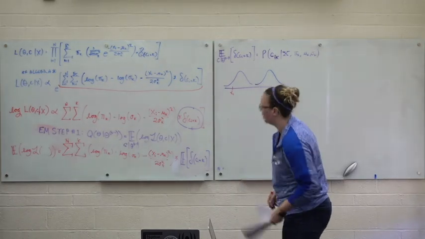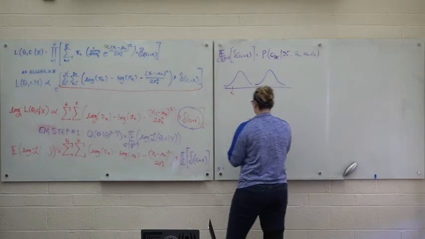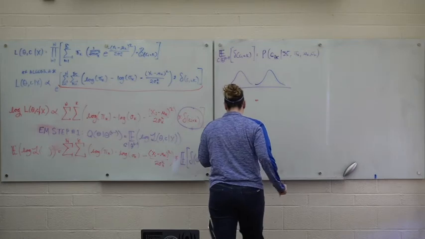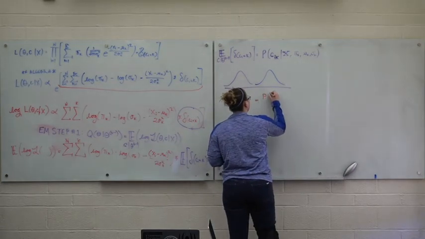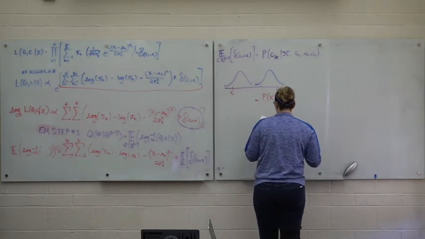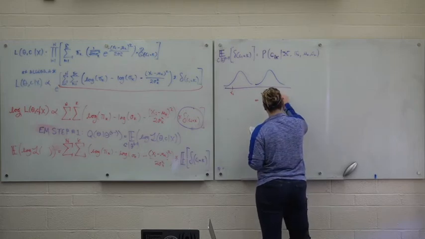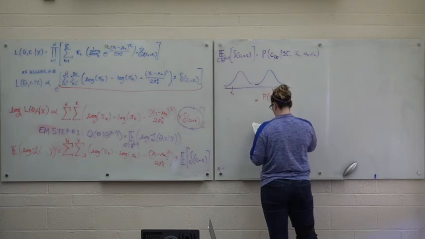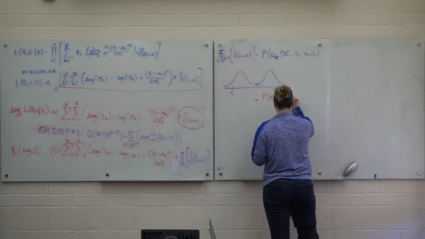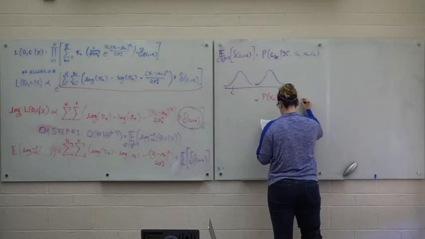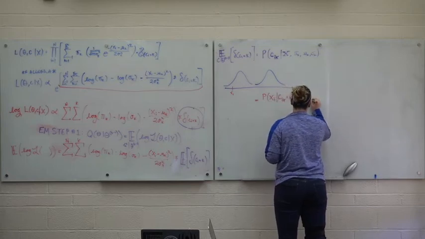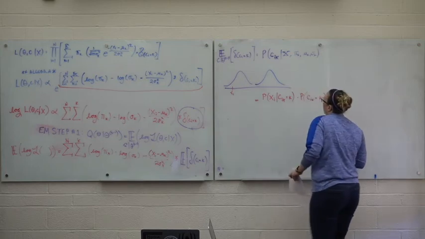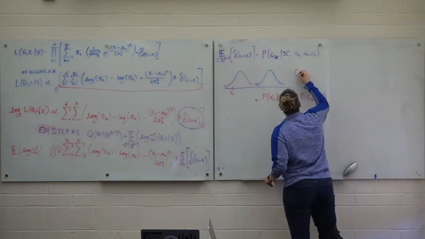So let's look and take a couple more steps. Now, this is just going to be the probability, apply some Bayes, probability of xi, right, given Ci k is equal to k, times the probability Ci k is equal to k. What this Ci k is, let me make sure I'm explicit.